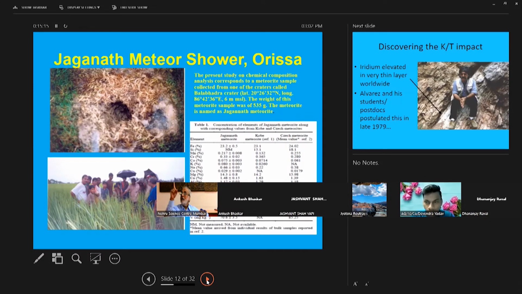But what had actually happened was that the fireball which came, which burst into the atmosphere, fell across some 33,000 square kilometers. So the fireball was not small. It was a huge fireball and it broke into pieces and fell into so many places.